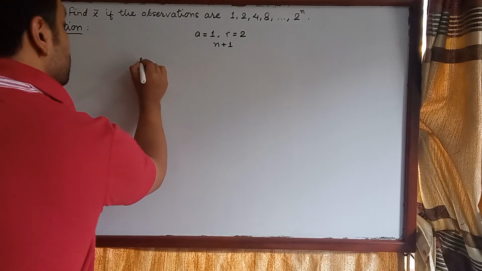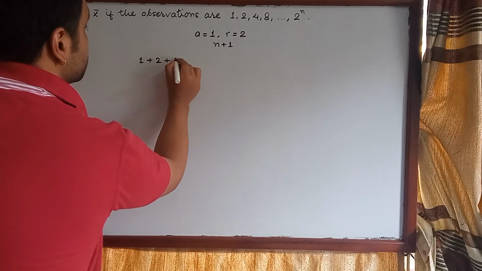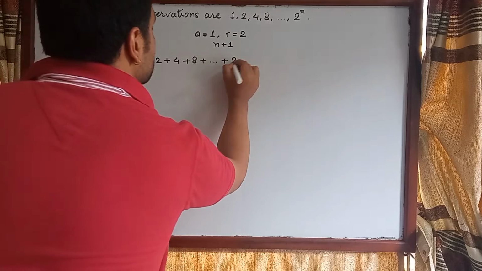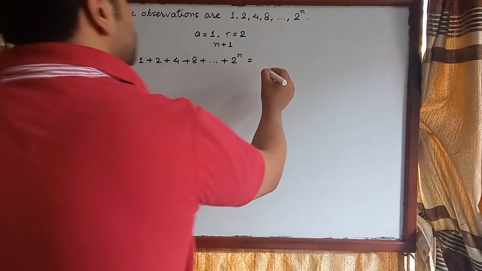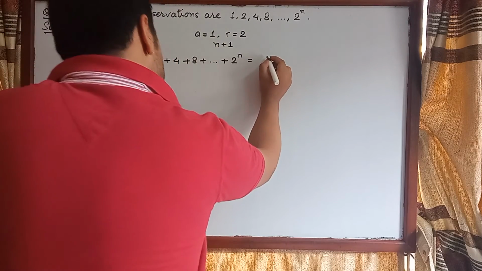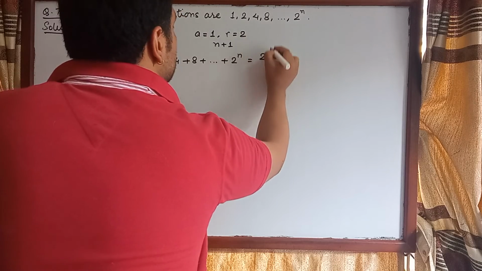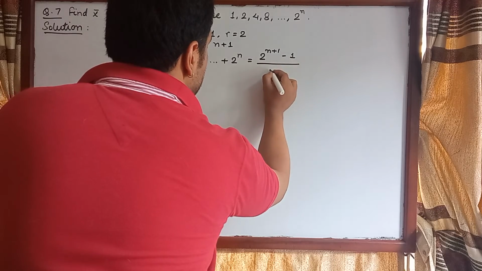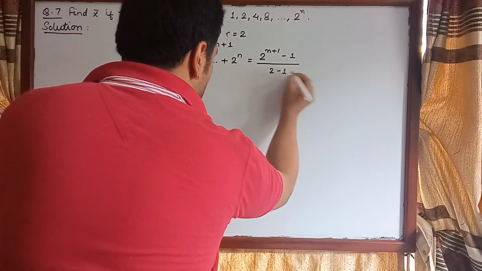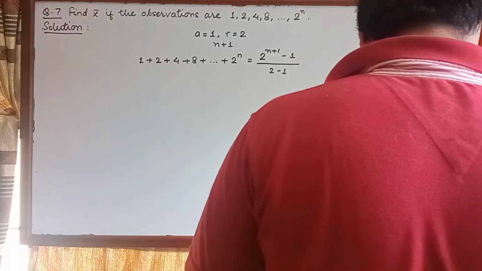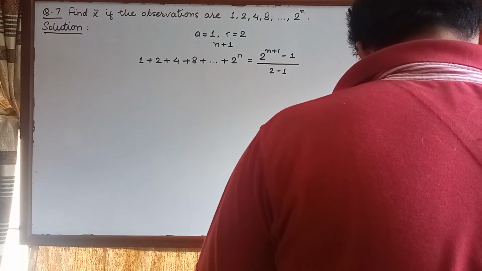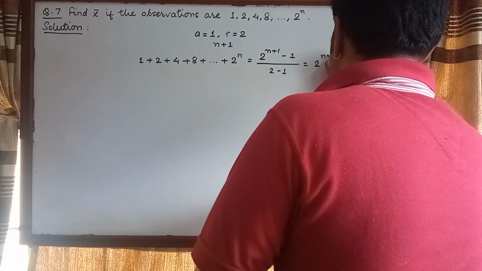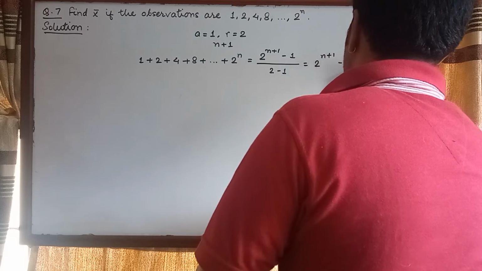So we get 1 plus 2 plus 4 plus 8 plus all the way up to 2 to the power n, so 1 times 2 to the power n plus 1 minus 1 all over 2 minus 1, which is nothing but 2 to the power n plus 1 minus 1.